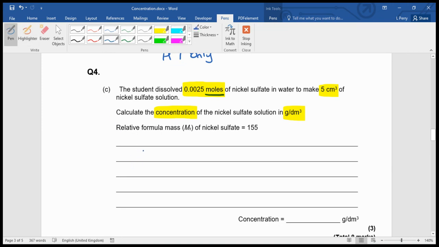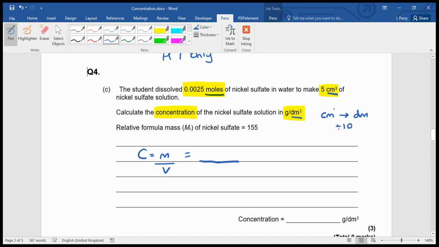I'm asked to work out concentration, so I write down my equation, mass over volume. Now this time, because we've practiced it loads, I'm going to do the volume first. So volume, we've got to change centimeters cubed into decimeters cubed. We know to change centimeters into decimeters, we divide by 10.